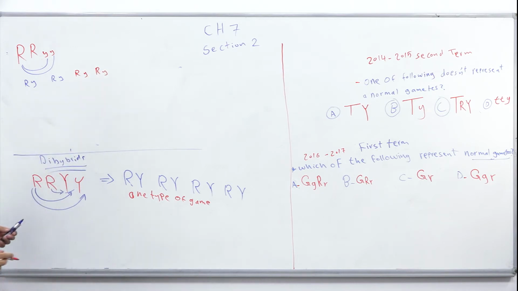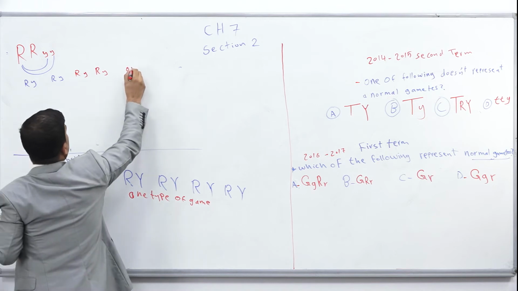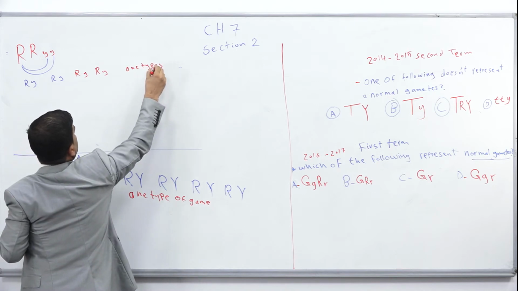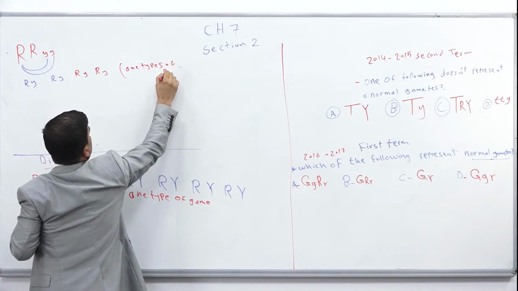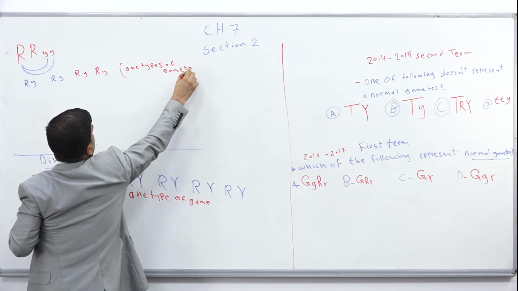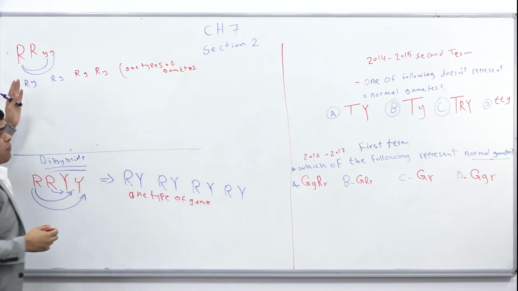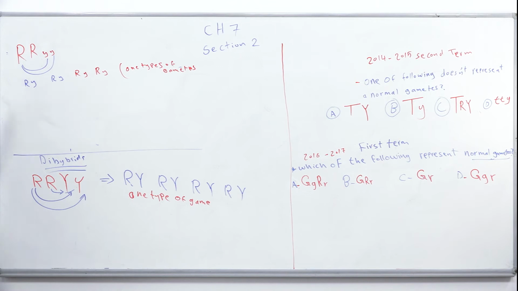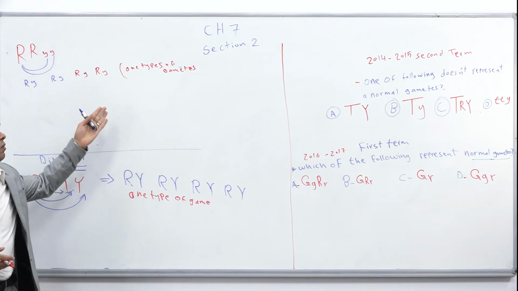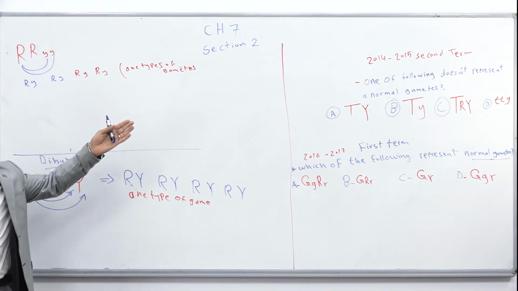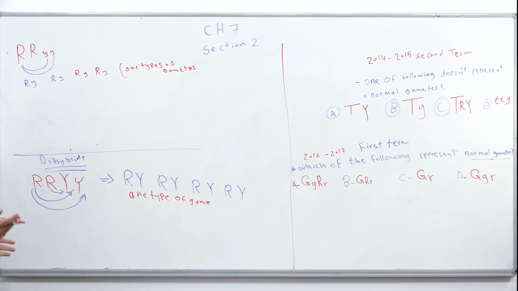All of them are the same type. So all 4 are different gametes, but 1 type of gamete. For example, if the exam tells you how many gametes are produced, you can say 4, but how many types? You can say 1 type.